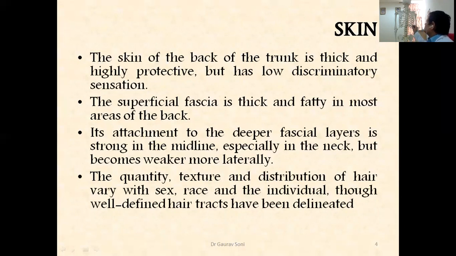This vertebral column contains the spinal cord, and then they contain spinal nerves. The small parts shown here are the dorsal rami of the spinal nerve, and the longer one which goes to the anterior surface of the body is known as the ventral ramus of the spinal nerve. These are certain things which you have to keep in mind.